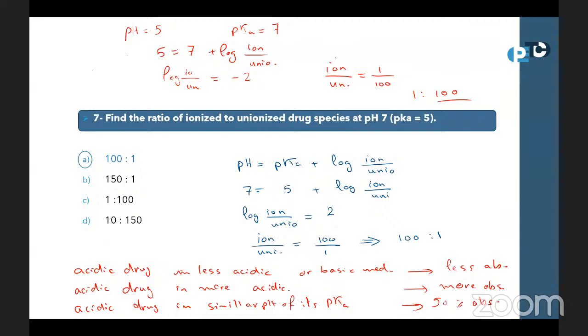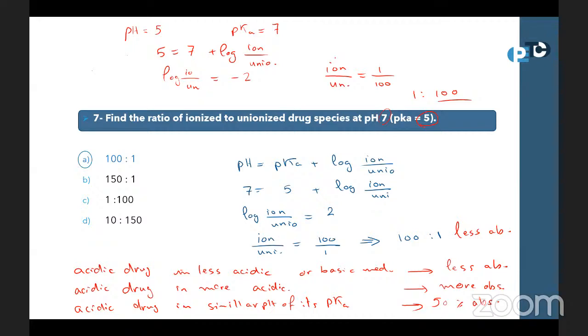Why? Because there are several questions asking about this. When we put the acidic drug in a less acidic medium, like the first case, an acidic drug with a pKa of 5 in a less acidic medium with a pH of 7, we get less absorption.